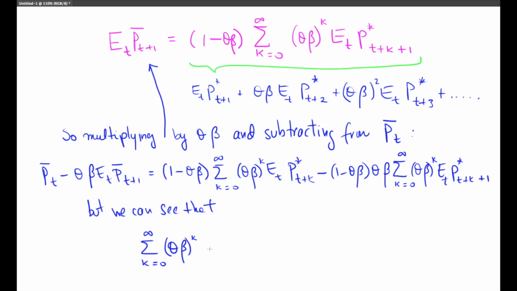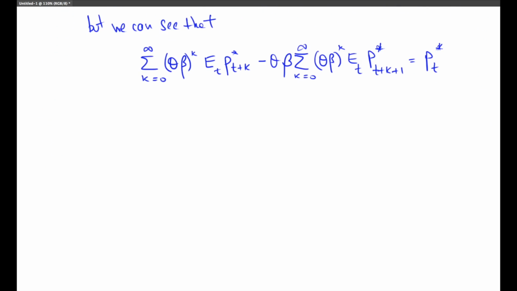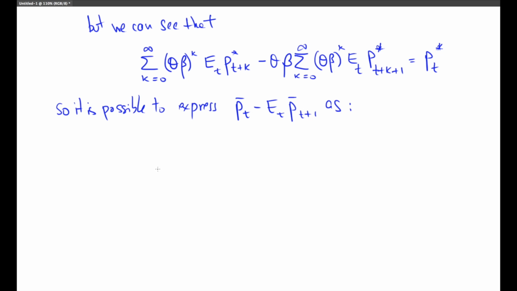But the interesting part is that if we analyze this difference that is on the right hand side of the equation, that is actually p star. So basically we can write the difference between p and p t plus 1 bar as the following expression.